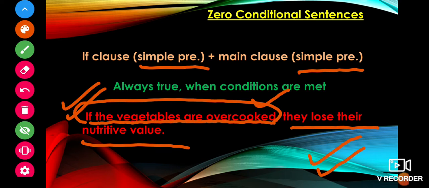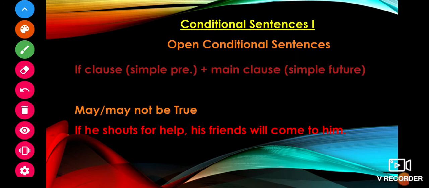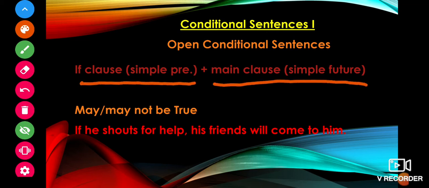Now let us move on to the next type of conditional sentence, which is conditional sentence 1, or it is also called as open conditional sentences. Now in such sentences too, there are two different clauses, if clause and the main clause.